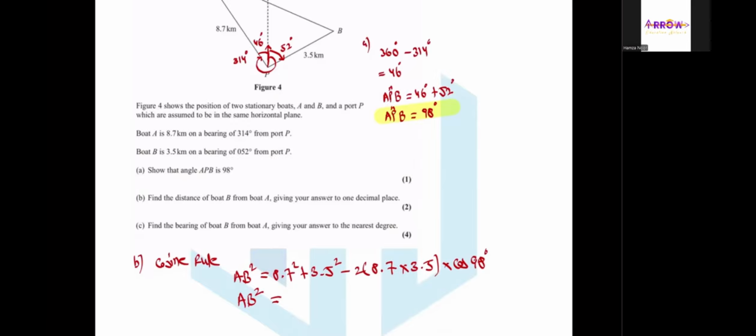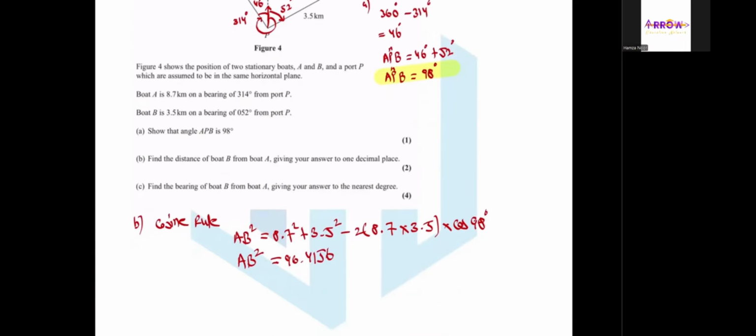So the value is 96.4156. All right, and then we are going to take the square root of this value. So the length of AB is, first I'm going to write it to a higher degree of accuracy so that I can use that value in my further calculations in order to avoid premature approximations.